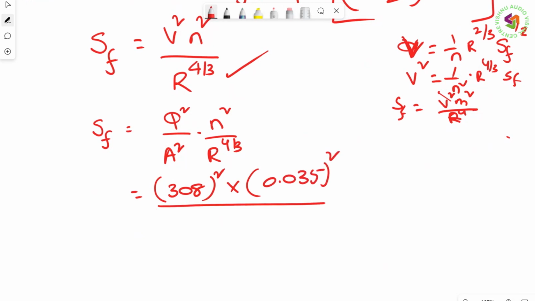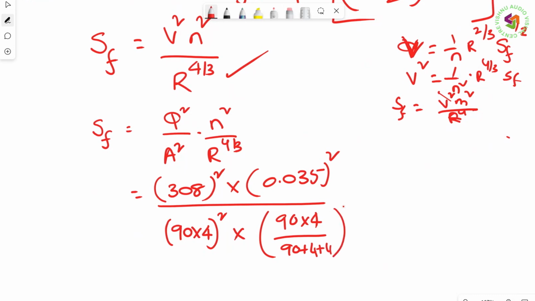A at the midsection is 90 into 4 whole square, and R is equal to area 90 into 4 divided by 90 plus 4, to the power of 4 by 3. If you calculate this, we get 1.58 into 10 to the power of minus 4.